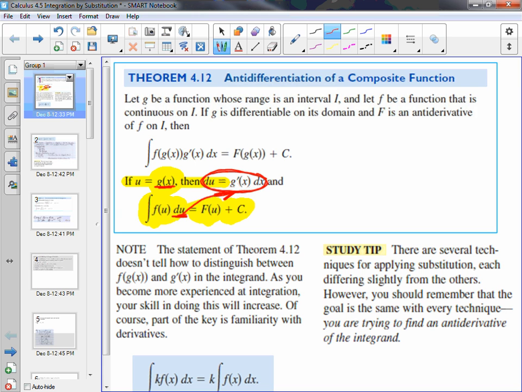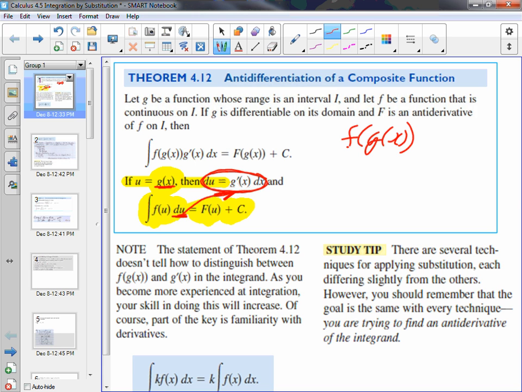All right, we've got a function f. F is a function of g. G itself is a function of x. So we have a composite function. We have f of g of x. Okay? That's what's going on. We have a function g that's a function of x, and f is a function of that. So that's a composite function.